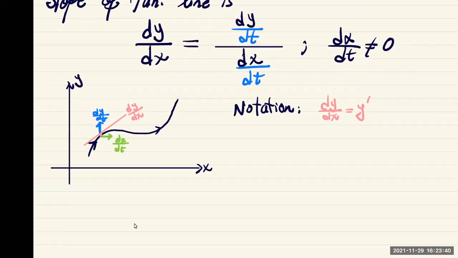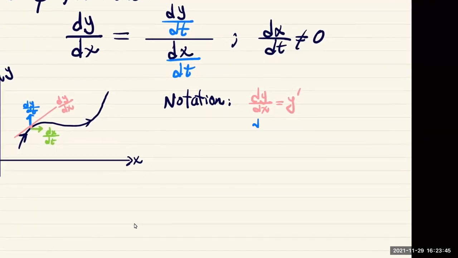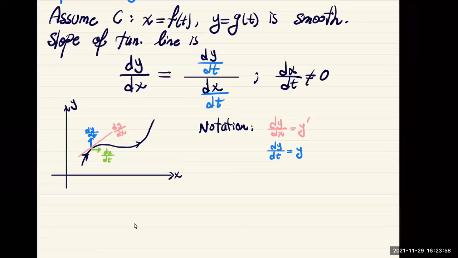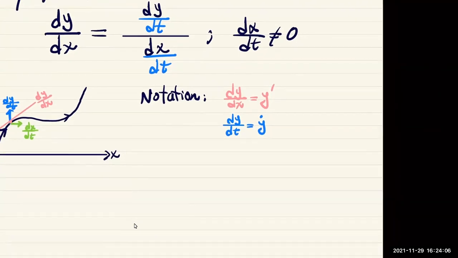For example, dy/dt, I cannot call that y prime because that is confusing, because y prime is reserved for dy/dx. So some books use y dot, with a dot on the top. And if you want, you could do that. Dot means time derivative or derivative with respect to the parameter. And of course, dx/dt for short, you can write that as x dot if you feel lazy.